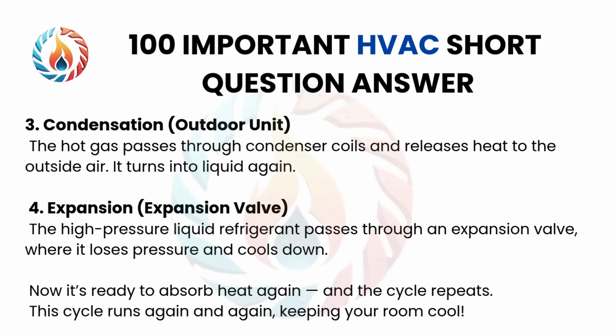Expansion, expansion valve. The high-pressure liquid refrigerant passes through an expansion valve, where it loses pressure and cools down. Now it's ready to absorb heat again, and the cycle repeats. This cycle runs again and again, keeping your room cool.